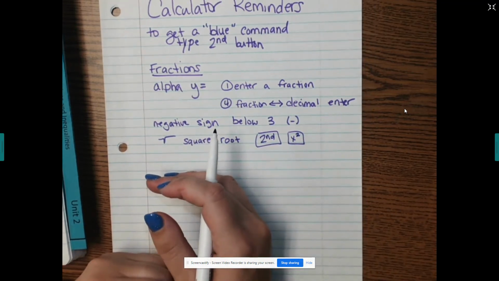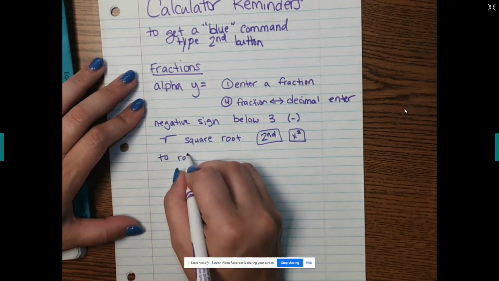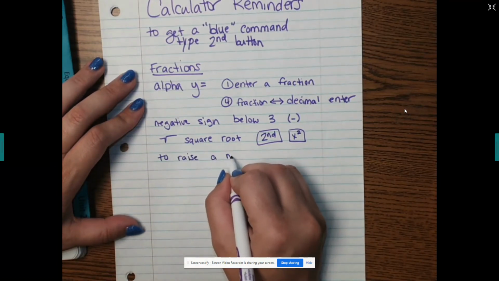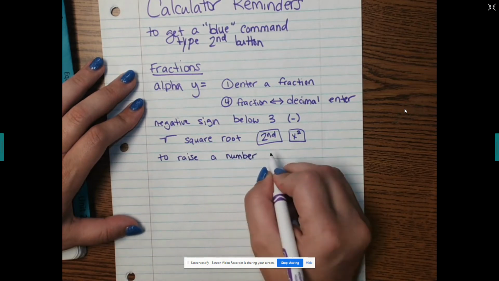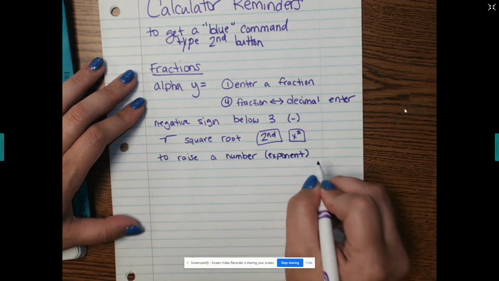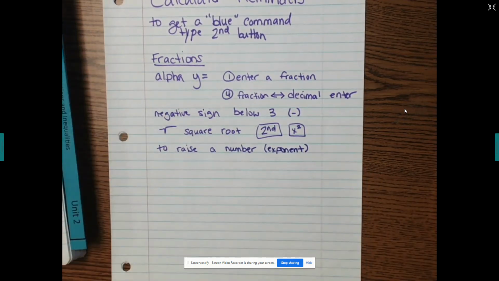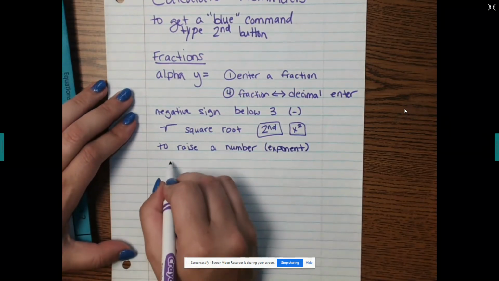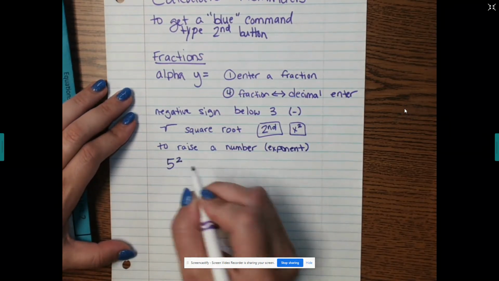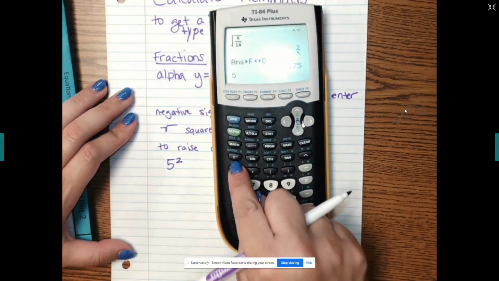You won't need these notes, but I want you to have these notes written so you can refer back to it. Now, if I want to square a number or to raise a number, I want to give it an exponent, okay? There is an x squared button, but that doesn't really help me if I need to raise it to something other than 2. So like if I wanted to do 5 squared, yes, I could literally just type 5 x squared and enter.